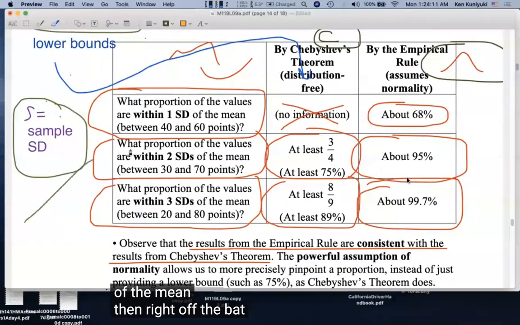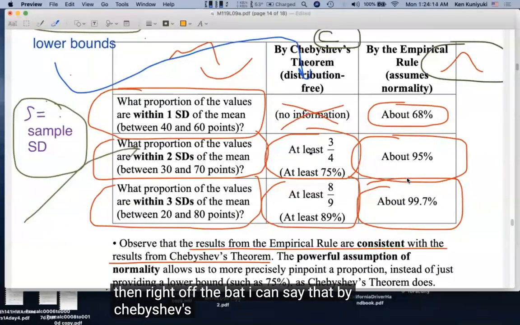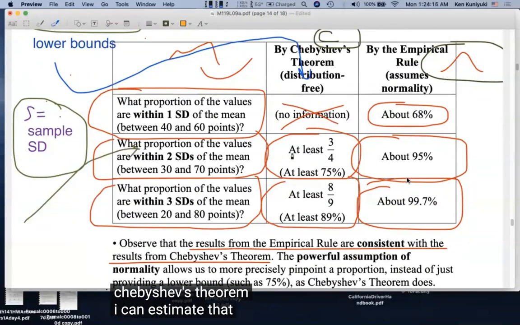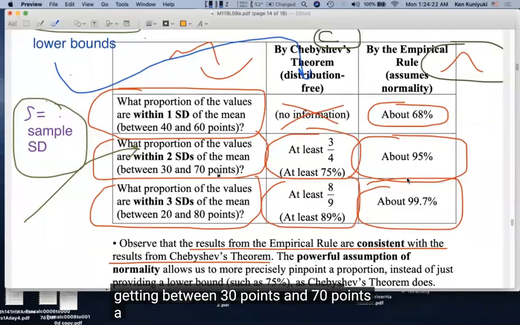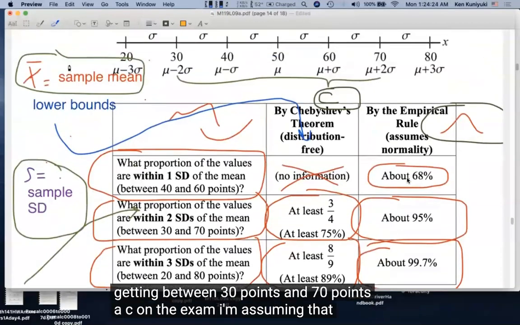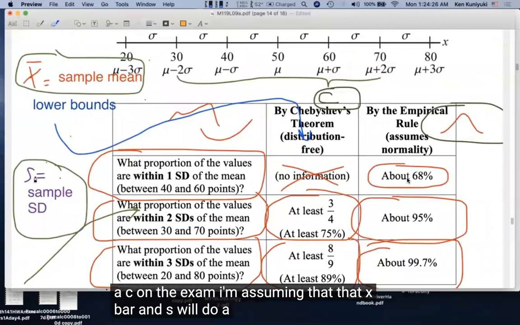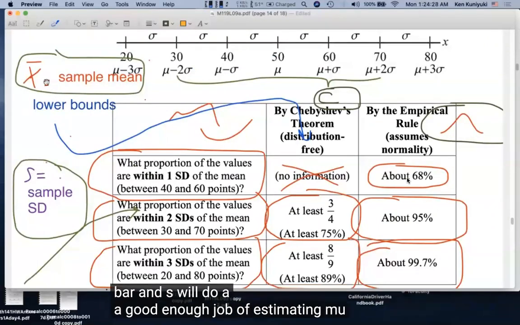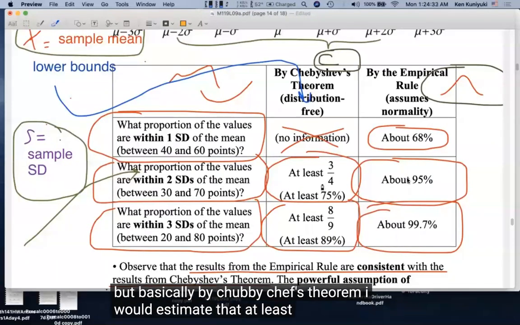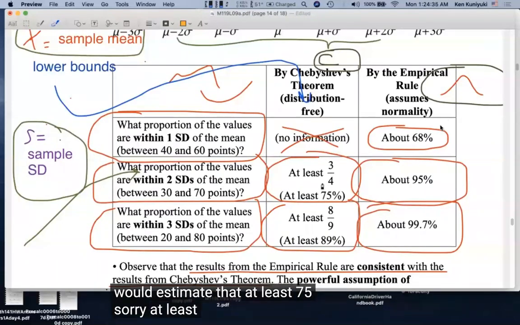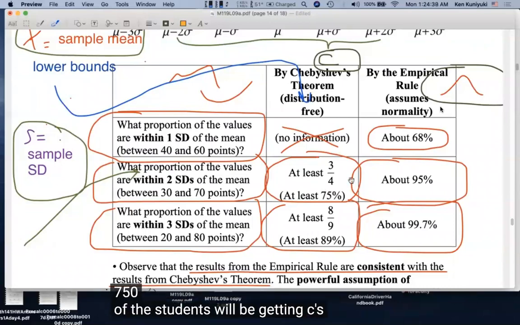Then right off the bat, by Chebyshev's theorem, I can estimate that at least 750 out of the 1,000 students should be getting between 30 and 70 points, a C on the exam. I'm assuming that X bar and S will do a good enough job of estimating mu and sigma. But basically, by Chebyshev's theorem, I would estimate that at least 75%, or at least 750, of the students will be getting Cs.